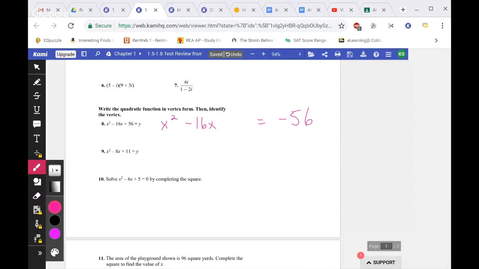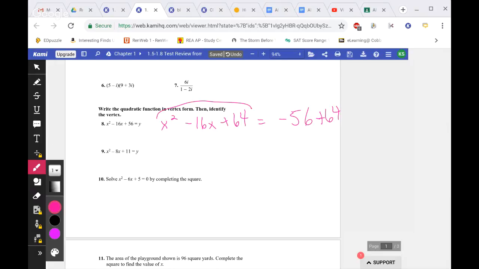Yes, ma'am. So half of negative 16 is negative 8. And then you're going to add 64 to both sides because whatever you do to one side of an equation, you have to do to the other.